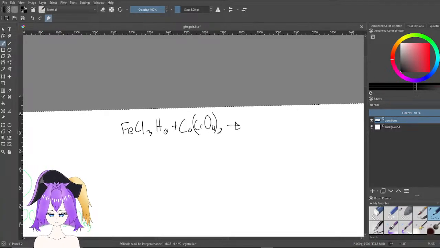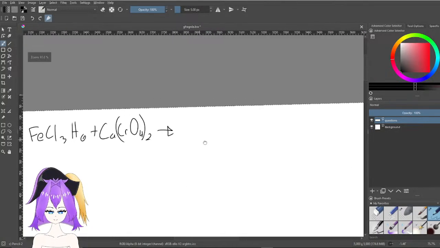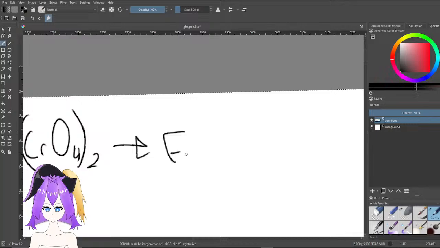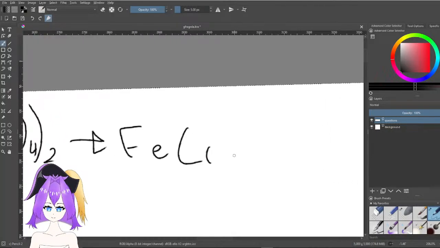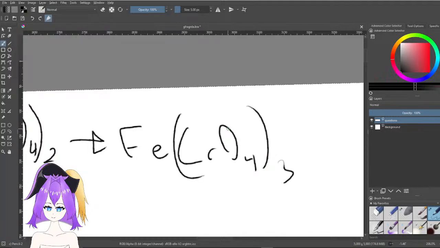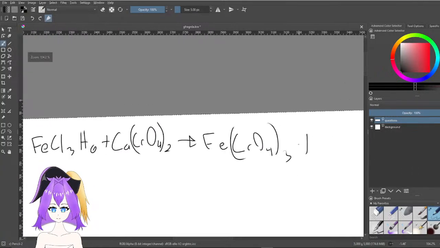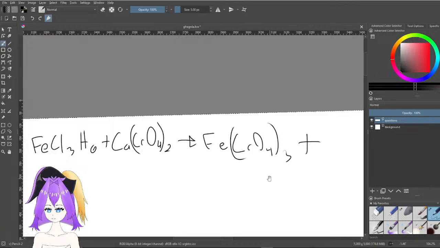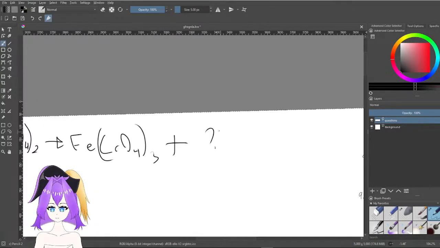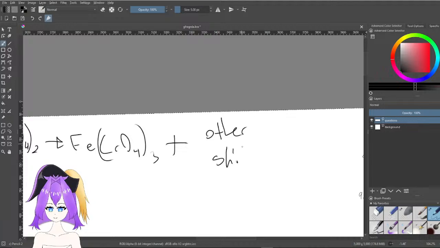Okay, so precipitate just means it's extra stuff. So you get iron chromate, Fe2(CrO4)3, iron 3 chromate, plus whatever was left over.